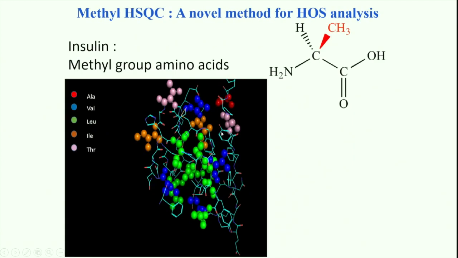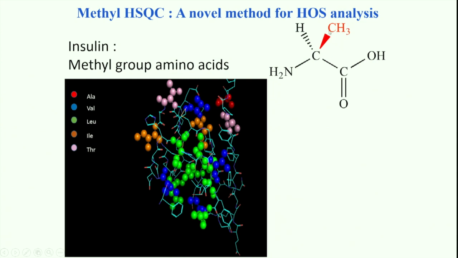There is another important group present in the protein. If you look at methyl groups, methyl has a nice property, it has 3 protons, and these 3 protons oscillate in a rotameric motion.